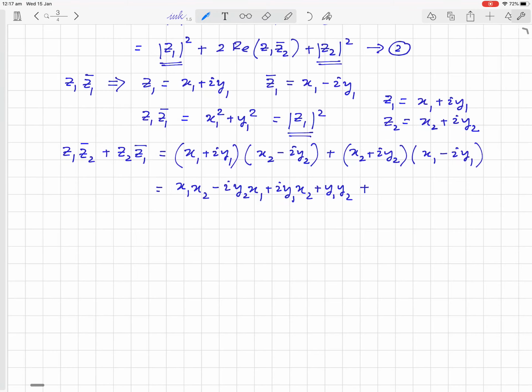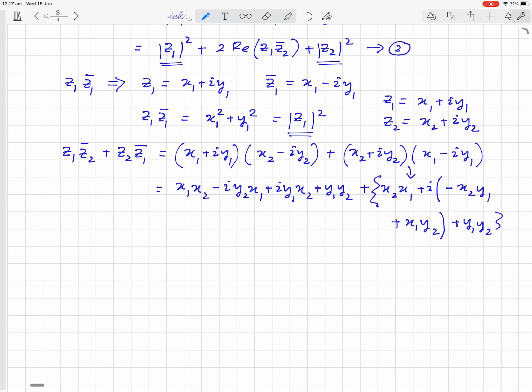Plus, now this part we have to simplify. So I would say x2 x1, then I will take i out, so I will simplify this as it is. So x2 x1, and here you get minus x2 y1, then you have another term plus x1 y2, and then you have y1 y2.